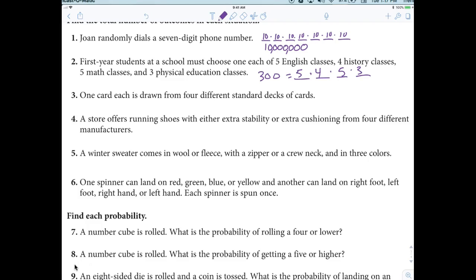All right, now, as I'm trying to help some of you guys who want to do better, I need everybody to try number 3. Why are you confused? Did you try 5 times 4 times 5 times 3? And what did you get?